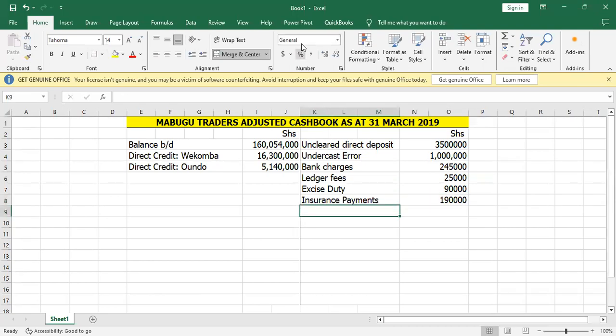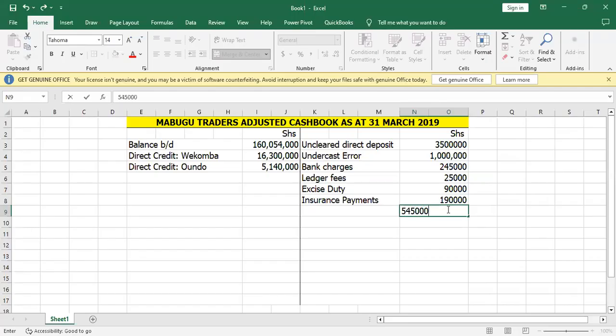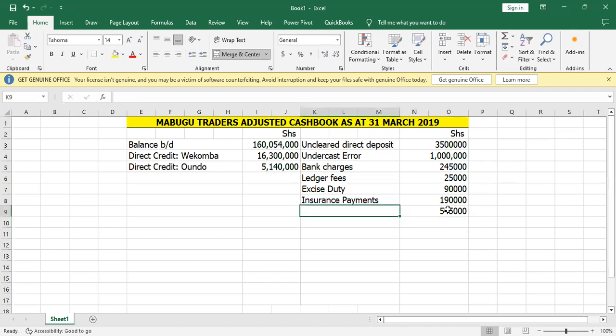Then I also see a loan repayment, loan deductions of 545,000 in respect of loan deductions. Is that it all? Then what else?